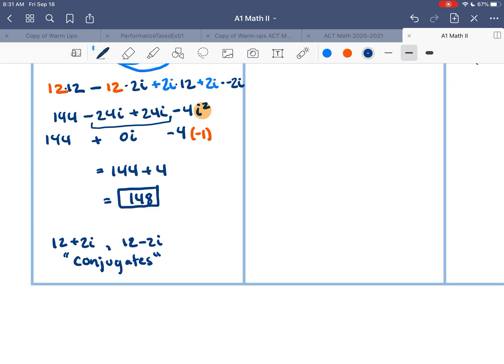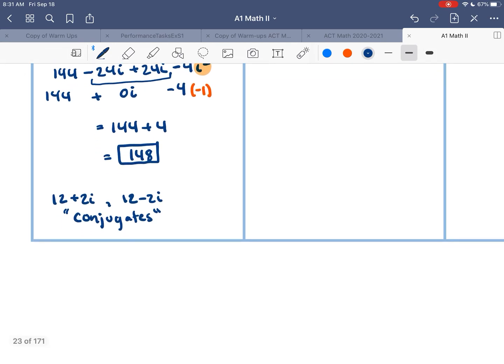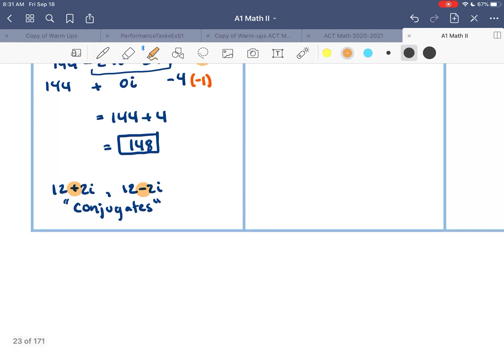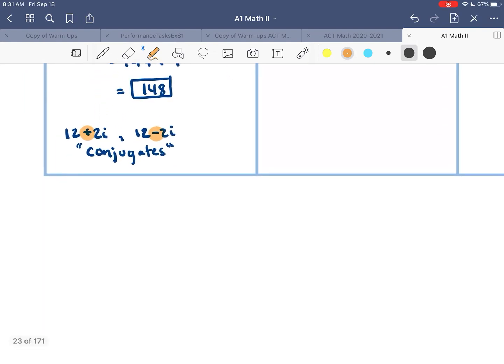When you multiply conjugates together, the imaginary part disappears. And the way that you get conjugates is that it's just this little piece that changes. Essentially it's the same complex number, but the operation or the sign in front of the i part, the imaginary part, is opposite. So I'm going to write that down here because I think that comes up in your homework.